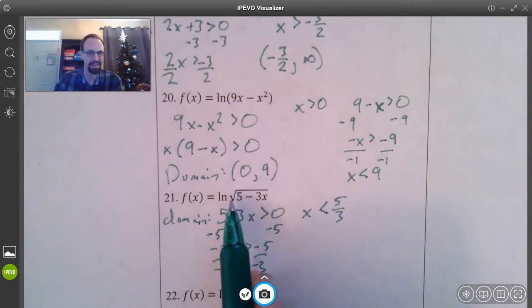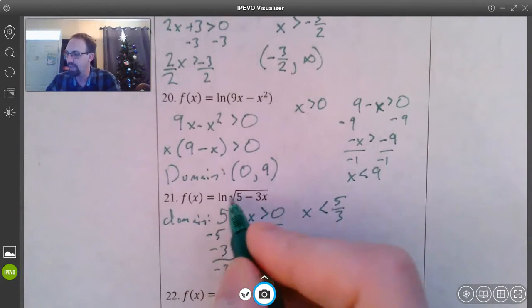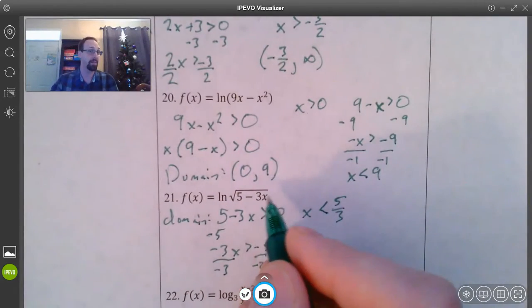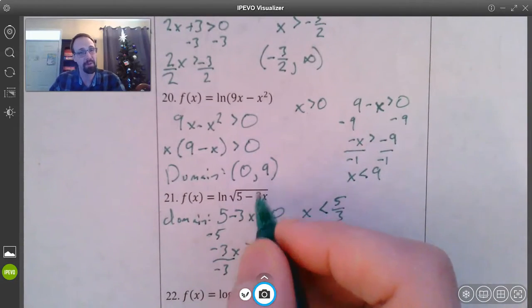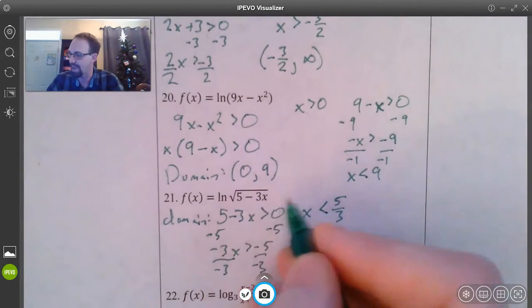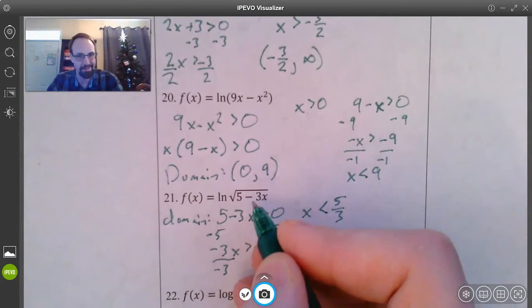If you see a situation like this, where you have, without any set of parentheses, it's safe to assume in this case, because of that square root, that this is all being applied to the x, because it's all underneath that radical.